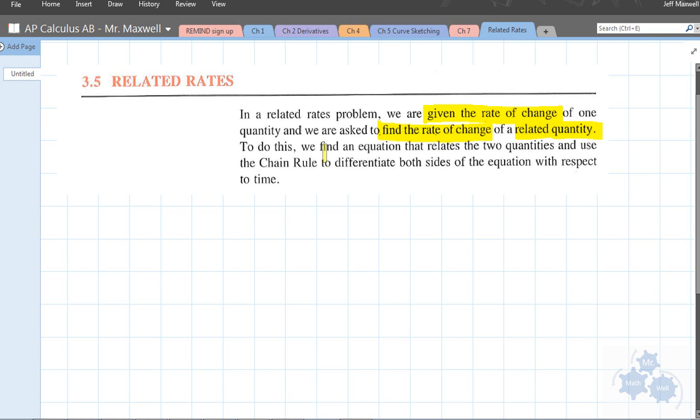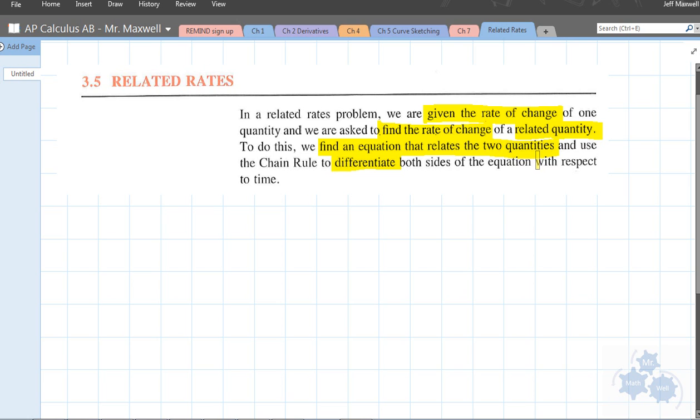To figure out a related rates problem, we find an equation that relates the two quantities. That's pretty straightforward. We've done this before when we talked about maximizing and minimizing. An equation that relates quantities. And then we use the chain rule to differentiate both sides of the equation.